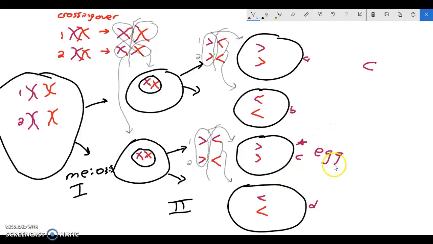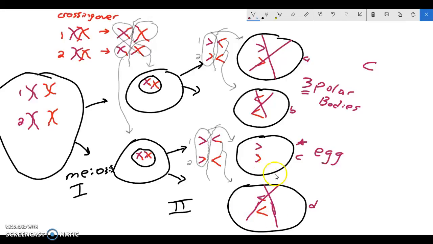So in the meiosis process, in a female, oogenesis produces 1 egg, or we call it the oocyte, and generally we're going to say 3 polar bodies. The polar bodies just dissolve, reabsorbed by the body, not used at all. That 1 cell is what potentially will become your offspring this month.